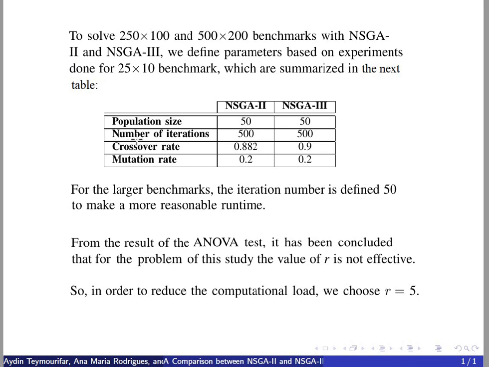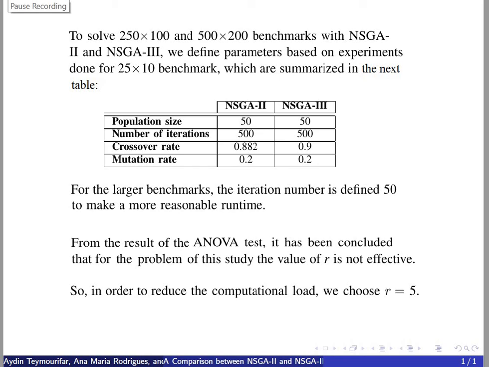The values for the number of iterations and the rates of crossover and mutation are exactly the same as for the small benchmarks, but for the larger benchmarks, the iteration number is defined as 50 to make a more reasonable runtime.